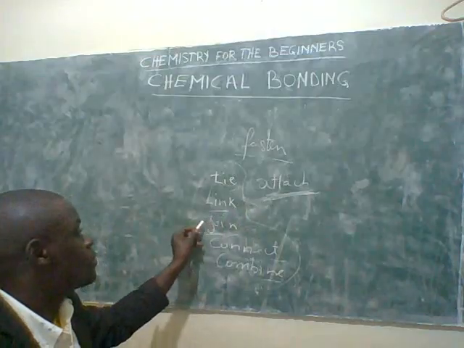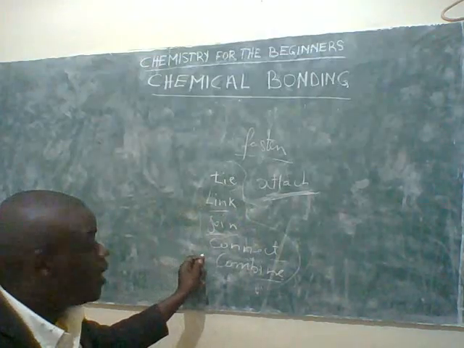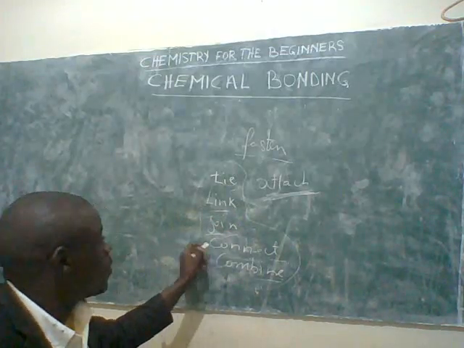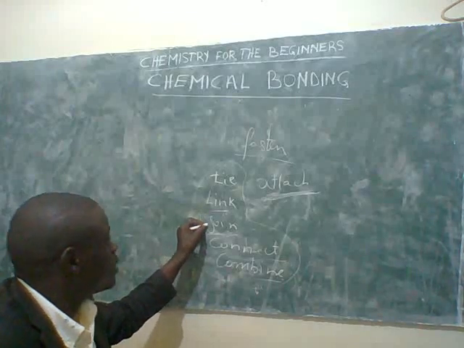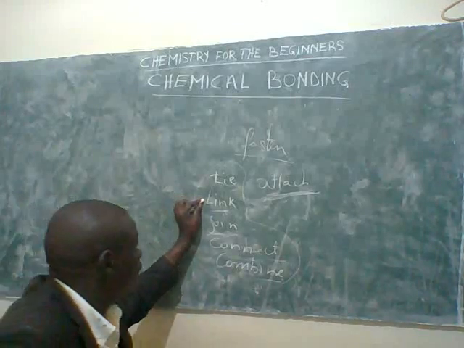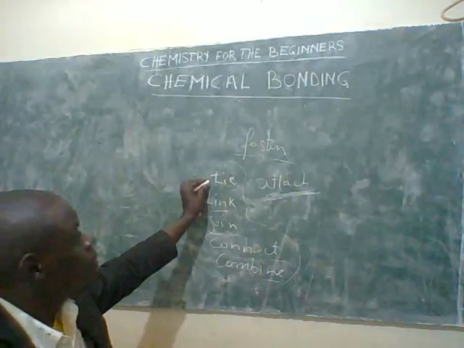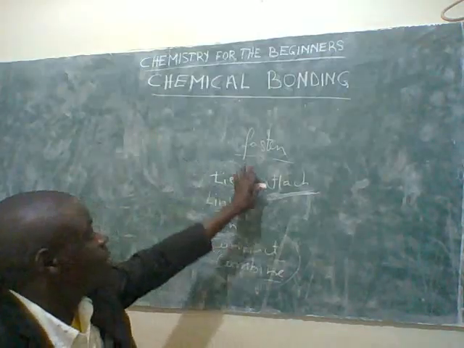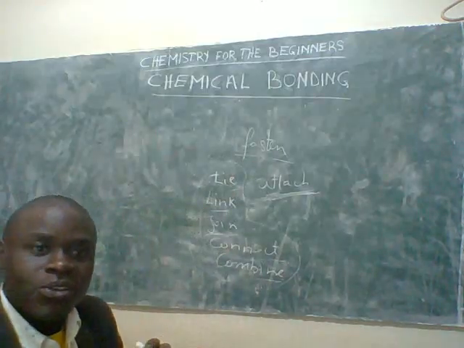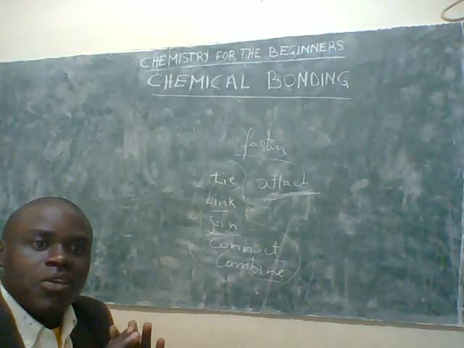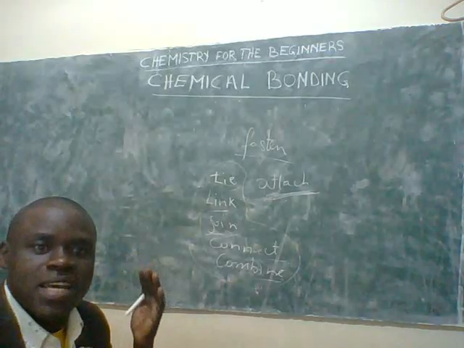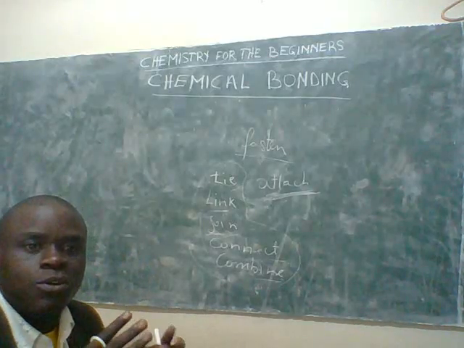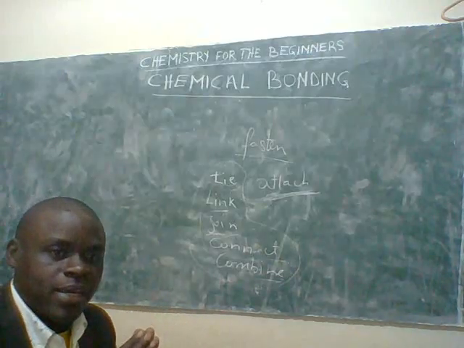So, when I say connected, when I say joined, when I say linked, when I say tied, attached, fastened, you feel like you can explain yourself what happened to those things combined together.